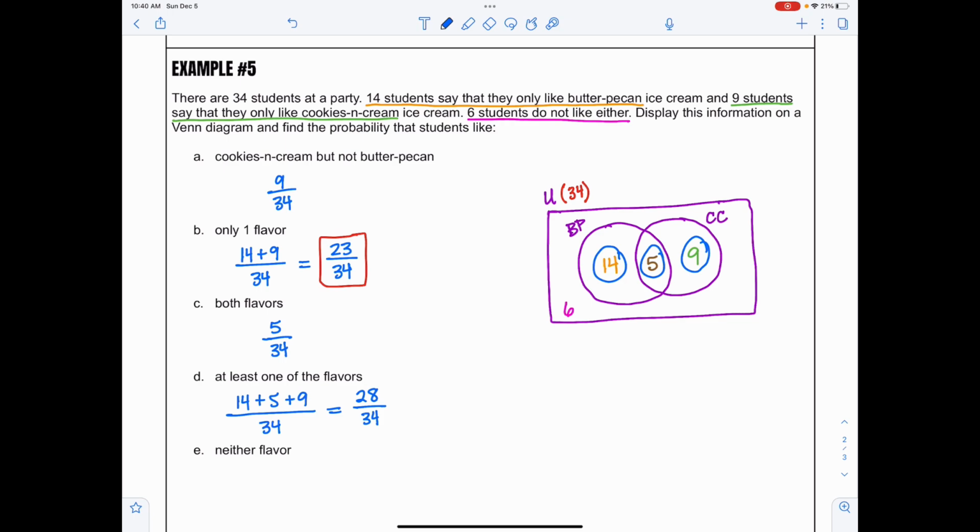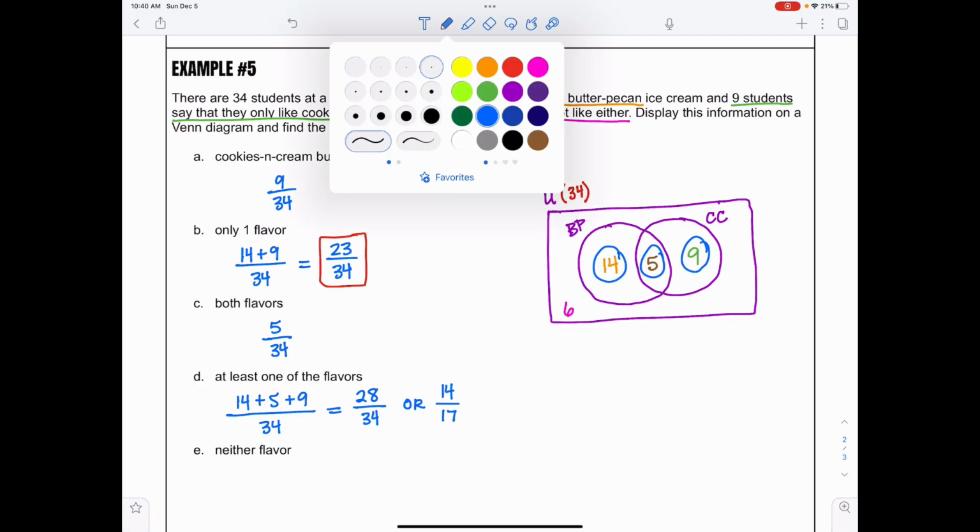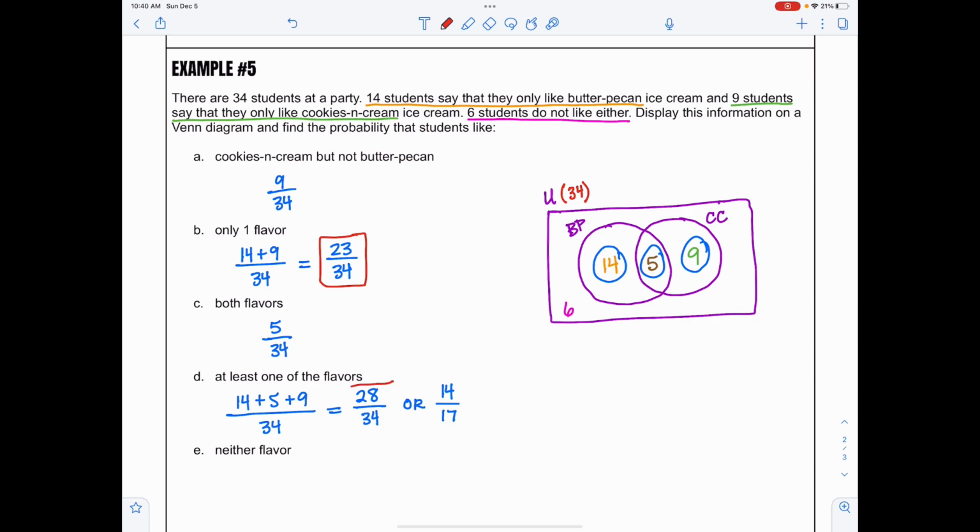And then, of course, if you want to, you could simplify it. It does not matter. 28 and 34 can both be divided by 2, which would end up giving me 14 over 17. Either or. It does not matter if you simplify the fraction or not. IB really does not care about that.